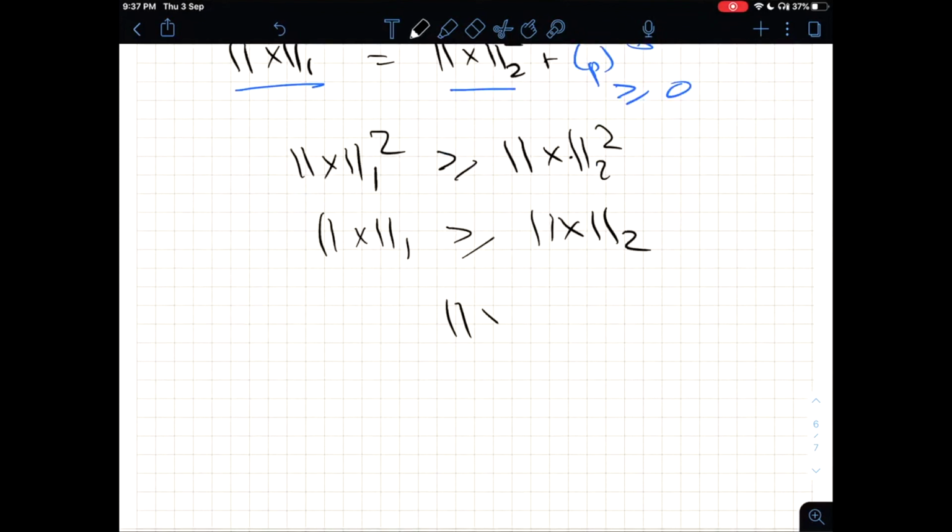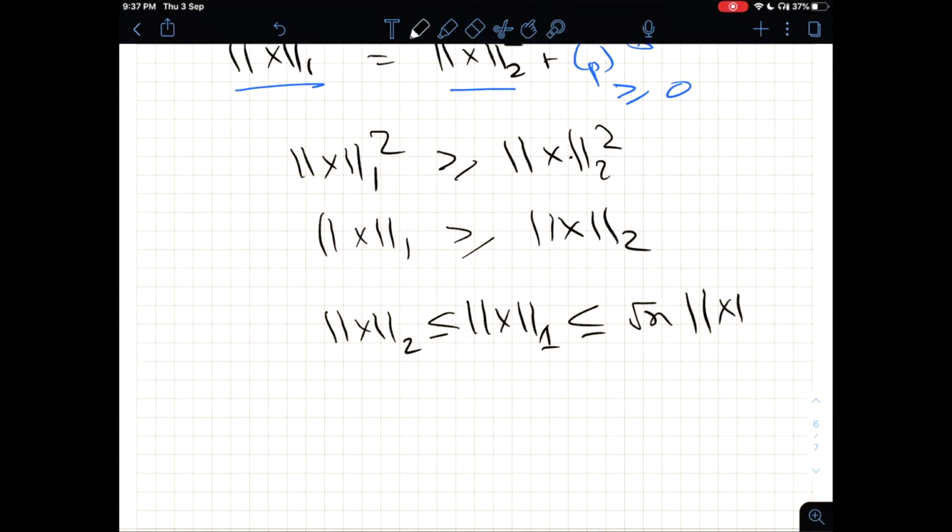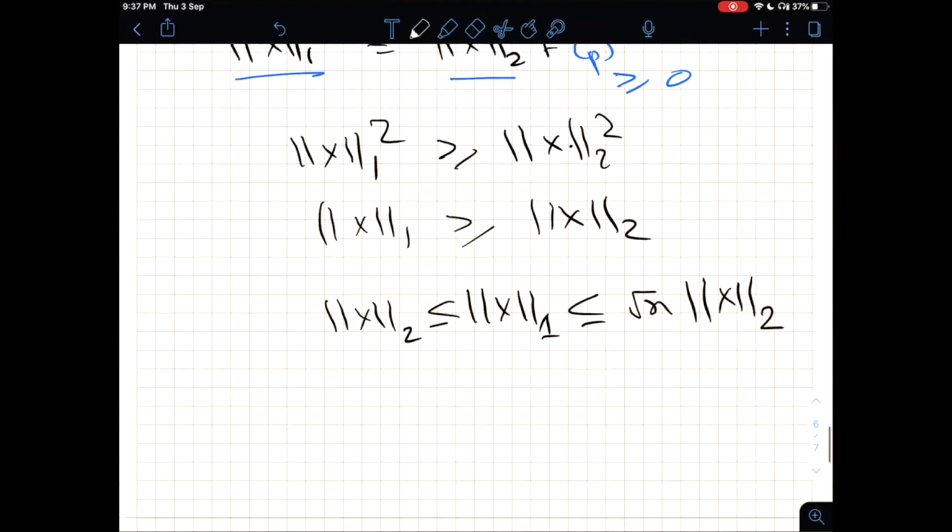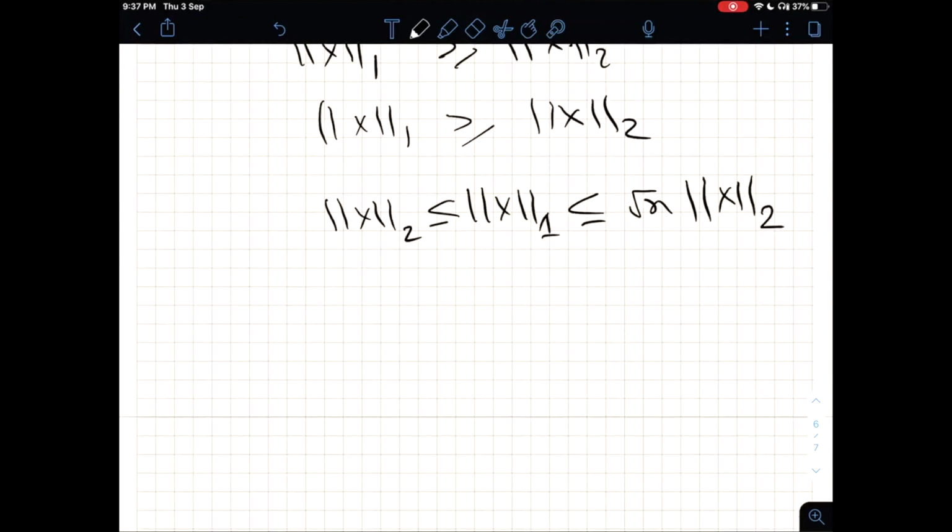So then I have got that on the lower side, the first norm is bounded by the second norm. So obviously then what I got on the other side becomes the upper bound, and that proves the statement.